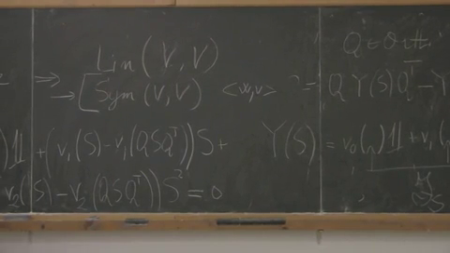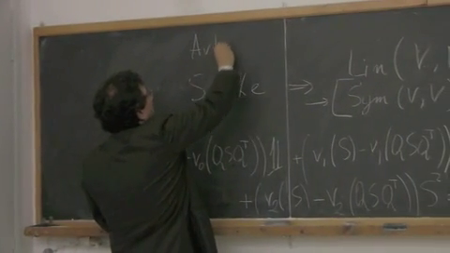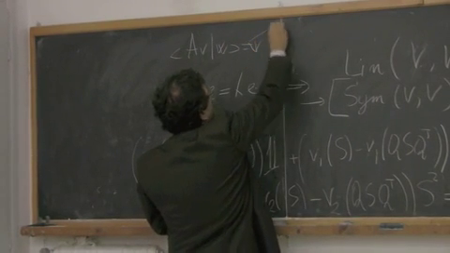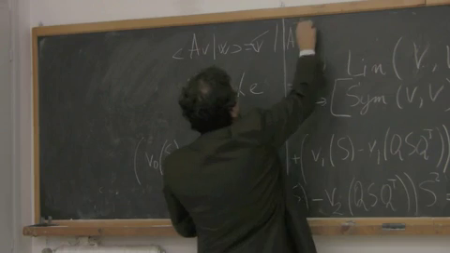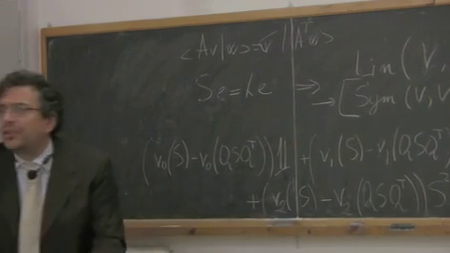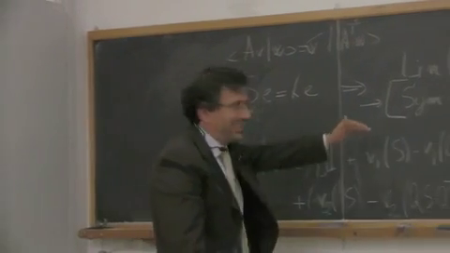If you remember, AV inner product W equals V inner product A transposed W. This is the definition of transpose. So if you don't have an inner product, you are lost. You cannot even start.